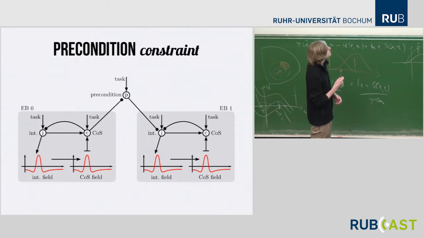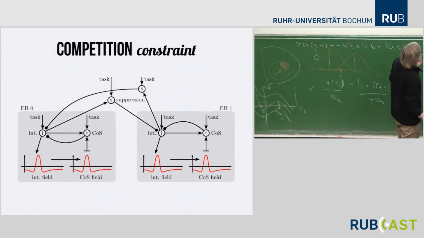Now, this precondition node is also inhibited at some point, and that's when this condition of satisfaction of the first behavior is activated. So as soon as this is done, you will get a condition of satisfaction signal. This node turns on and inhibits the precondition node, which then releases its inhibition from the second behavior. Right? So you get a sequence. This behavior first, the second one later.